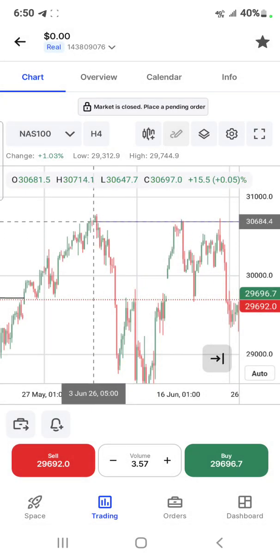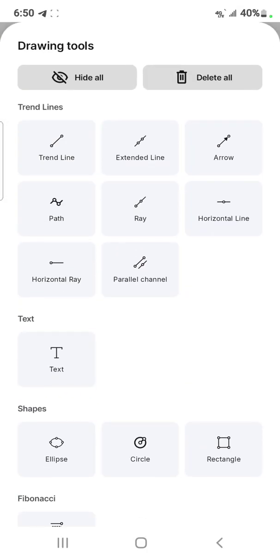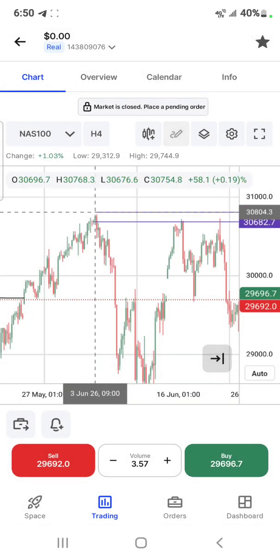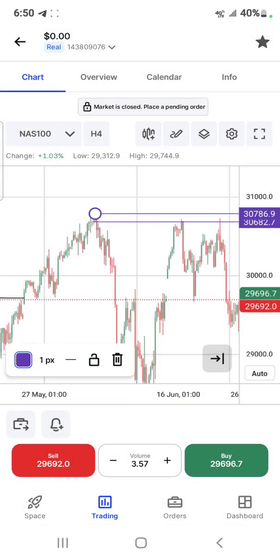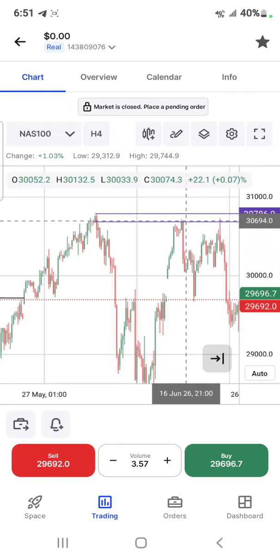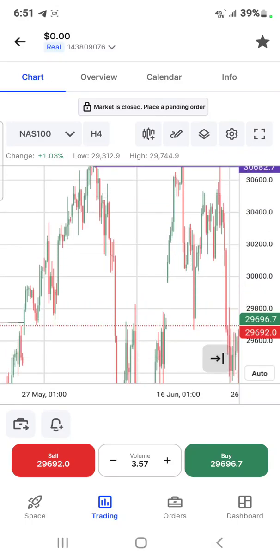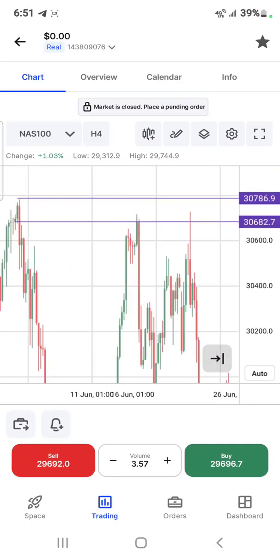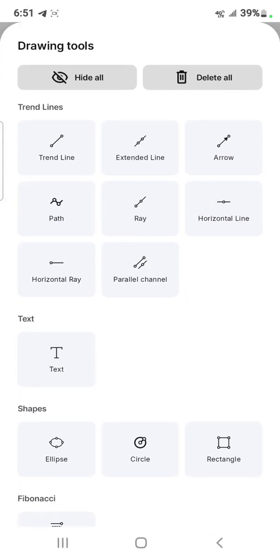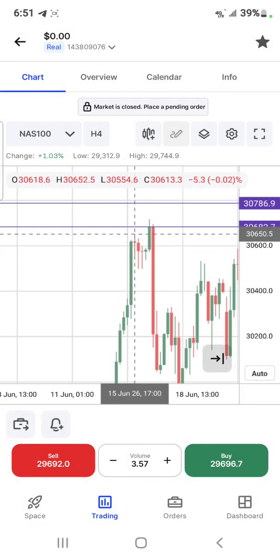This is our supply zone right here. This is our supply zone. The moment price came into this supply zone right here, we had our last break of structure. This last break of structure before price tapped into the supply zone.